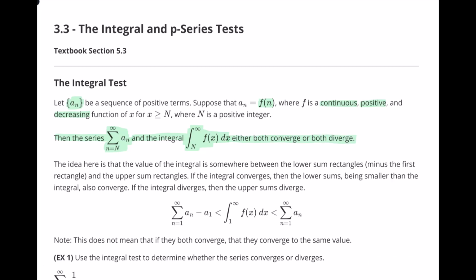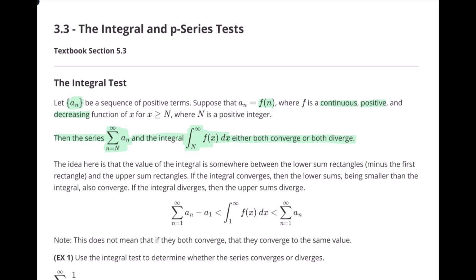So you will do this infinite integral, and if it converges, then that tells you that the series converges, and if it diverges, then the series also diverges. It doesn't tell you what it converges or diverges to, which I'll show you through an example, but it does tell you that it converges or diverges, which is a pretty important result.